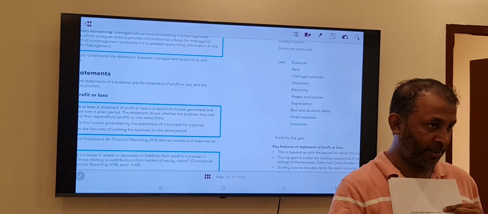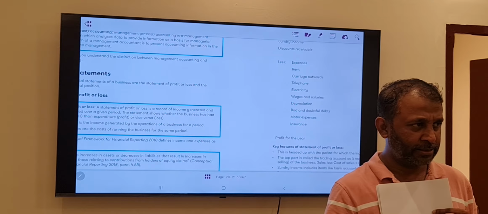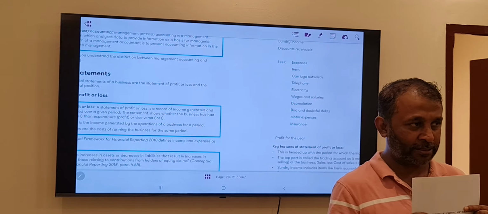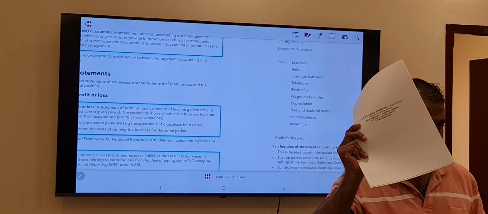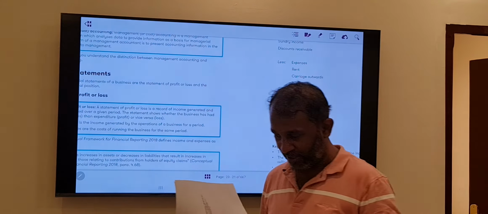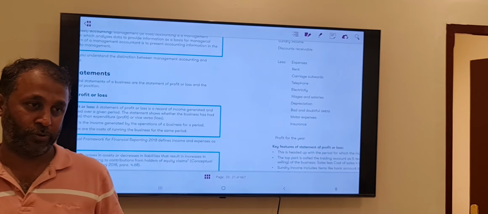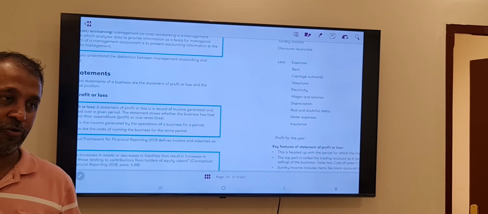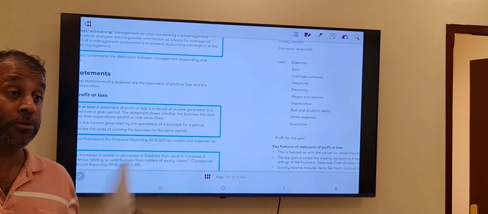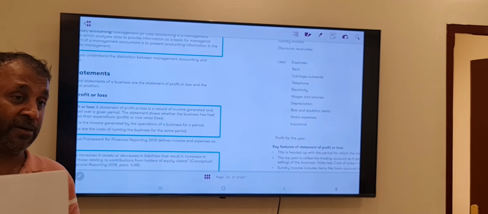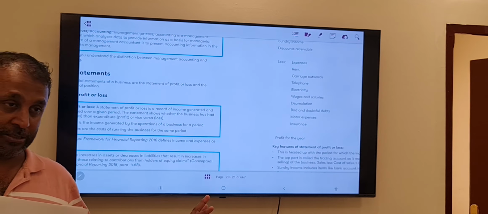We write the name here, financial statement. So when you say financial statement, this type of document, we should have it in our hands. Nowadays, we really don't need printouts because everything is on the computer, electronic versions are available, and especially huge big companies upload the PDF of this on their websites.